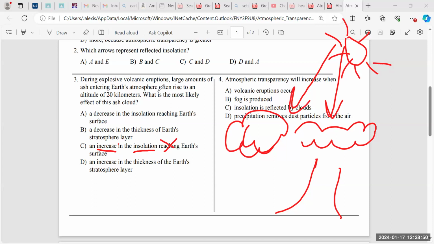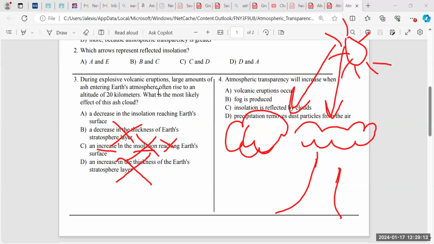Isn't the ash cloud blocking it? So there wouldn't be an increase in insolation. It'll actually be a decrease in insolation. We can also cross out an increase in the thickness of the Earth's stratosphere. There is nothing here that would change the stratosphere layer. So it can't be B or D.